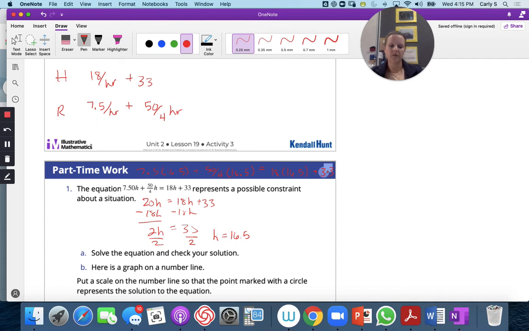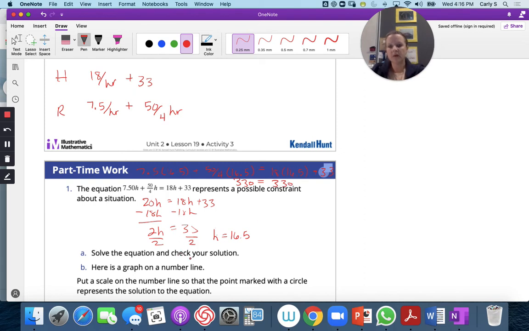So I'm doing 7.5 times 16.5, plus 50 divided by 4 times 16.5. So the left side of my equal sign equals 330. 18 times 16.5 plus 33 equals 330. I checked my solution and it worked.